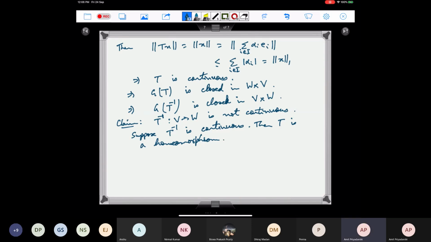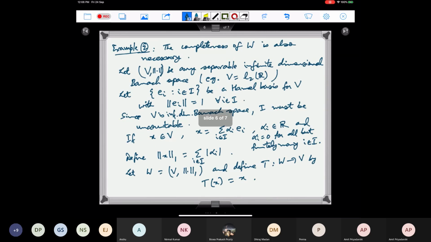So that means that these normed spaces V and W are isomorphic, right? But what we know is that V is separable. However, this W cannot be separable.